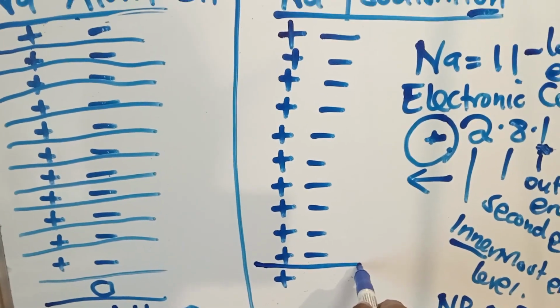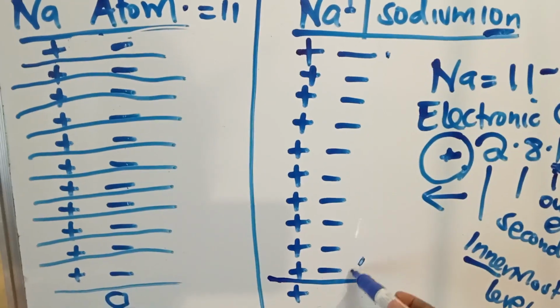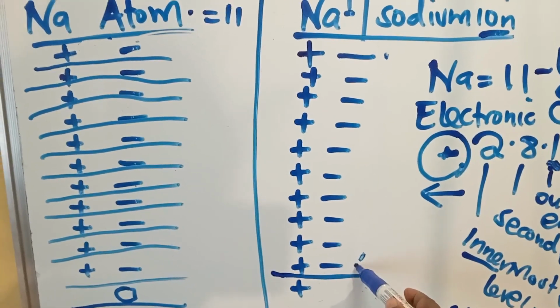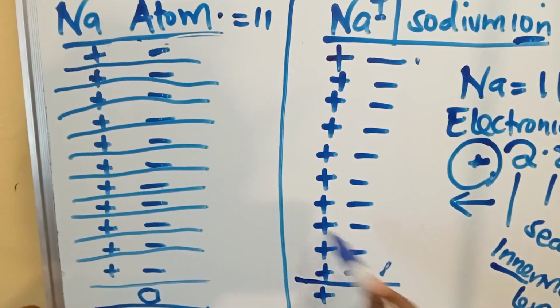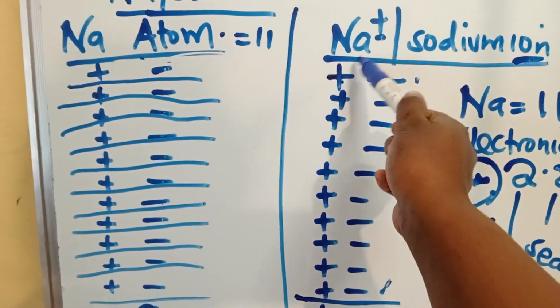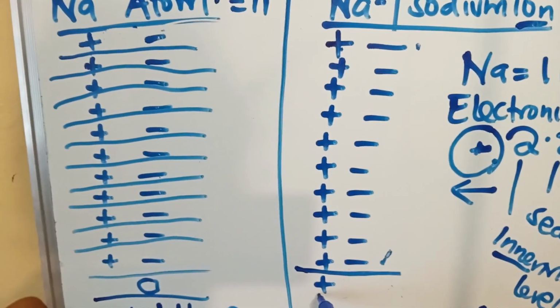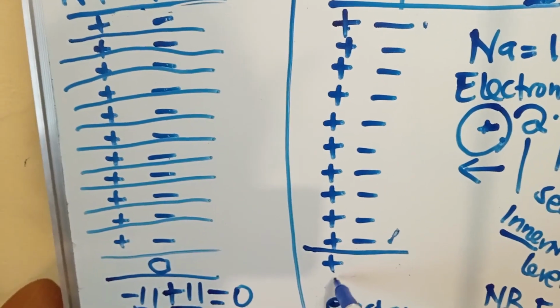And why are you drawing it? It's to mean that from the top to this point, every positive has a negative to cancel with, as I said for the sodium atom. But we have this negative that has been left hanging.